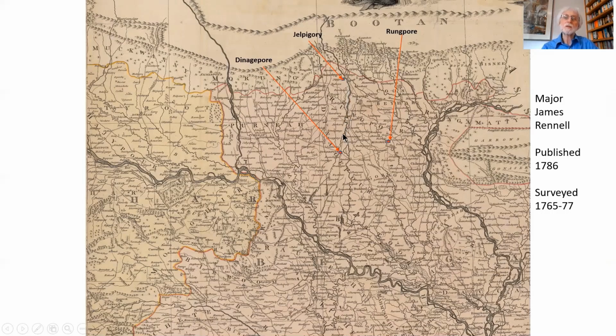There is a split, it divides, and one of the channels passes through Dinajpur and the other one bypasses it and continues to the south. But both of the channels join the Ganges eventually. There is no major Teesta route to the north of Rangpur joining the Brahmaputra.